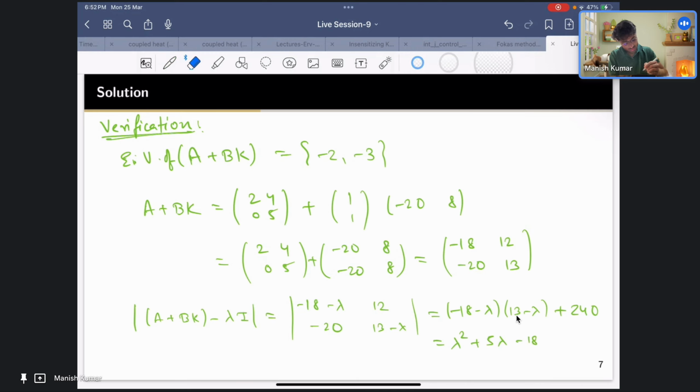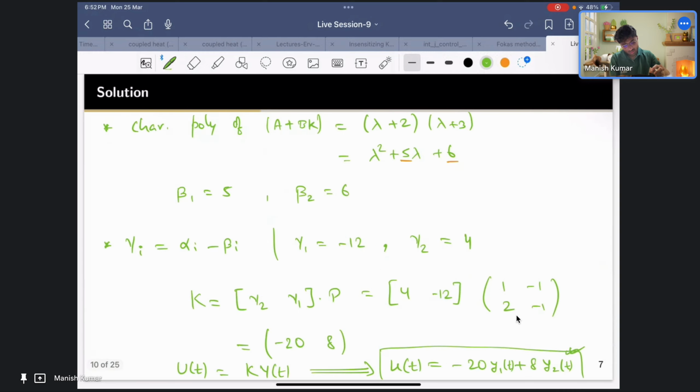So let us do the computations. 18 into 13 is 234, plus 240. So this will give me lambda square plus 5 lambda, and then plus 6, right?